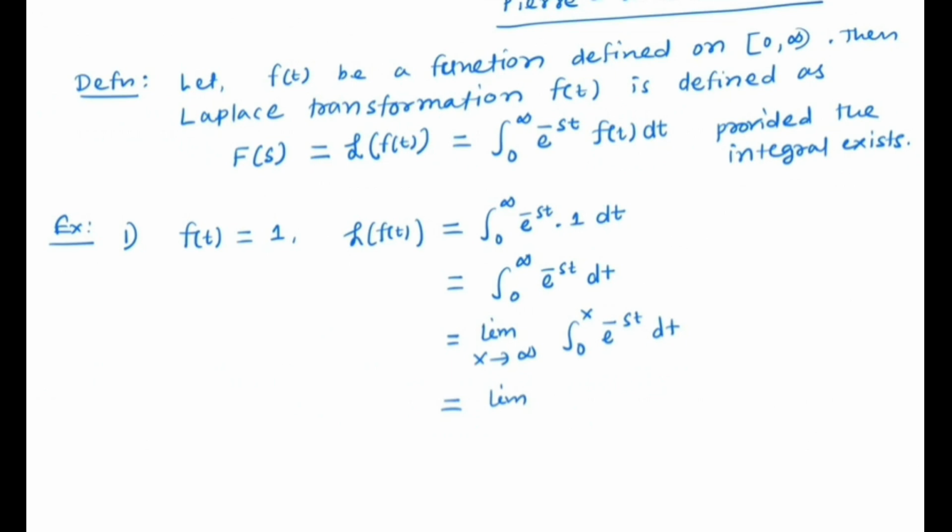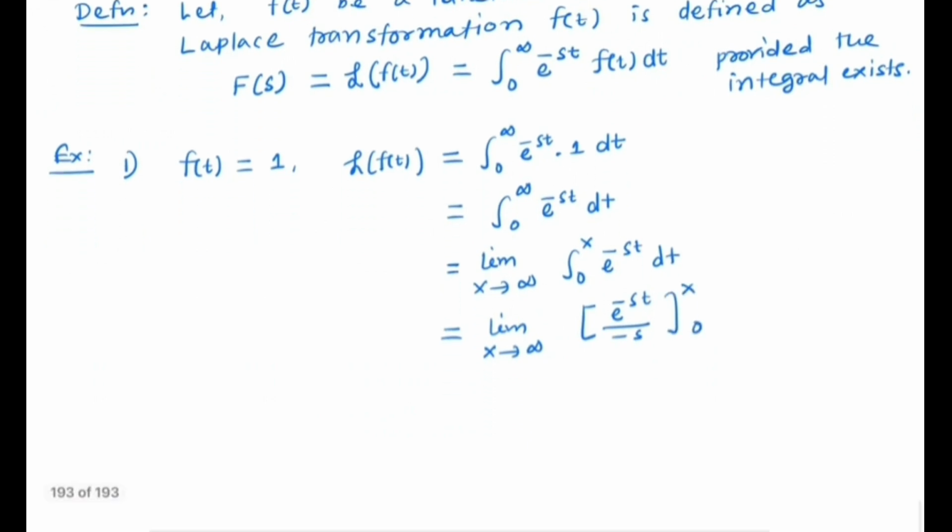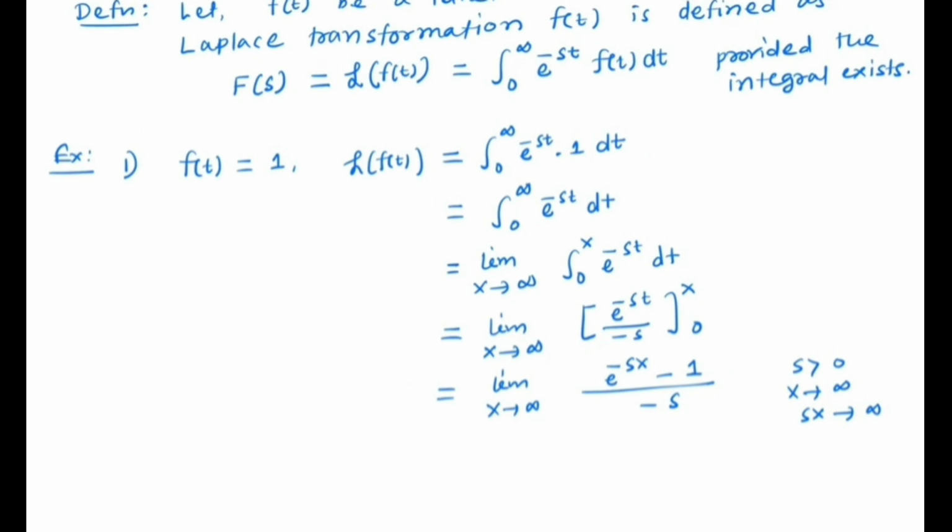So if I solve the integration, we get limit x tends to infinity of e power minus st by minus s from x to 0, which will be limit x tends to infinity of (e power minus sx minus 1) by minus s. Now, note that when s is positive and x tends to infinity, sx tends to plus infinity.